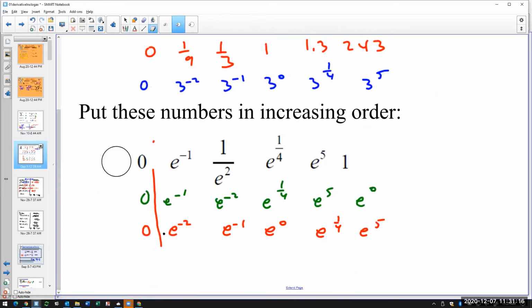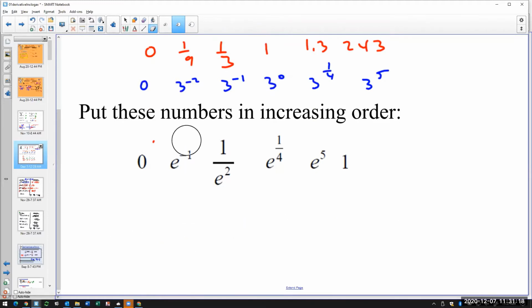All right. So guys, knowing that, can you put these e's in order? It's going to be the same rule. Put these e's in order from smallest to largest.